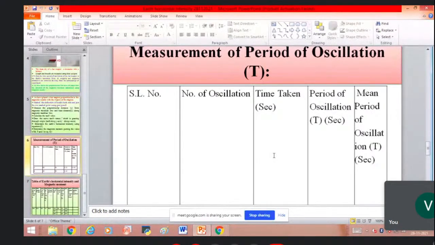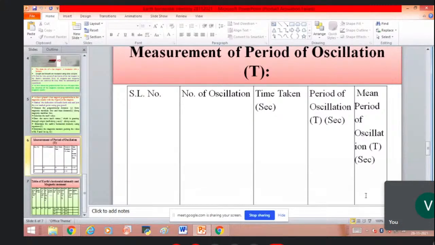The magnetic needle should not be very close to the bar magnet. If the bar magnet is very close to the magnetic needle, then it is difficult to find the magnetic meridian using this needle.